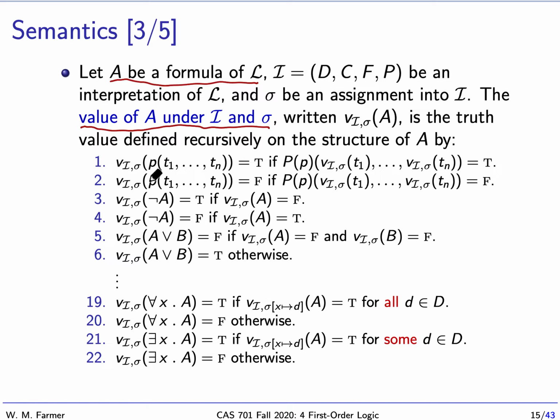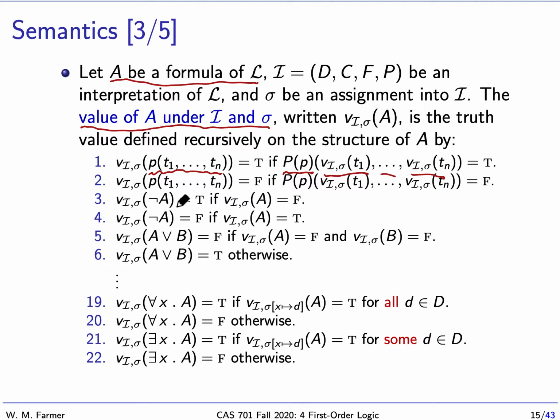So for instance, if we have a predicate symbol applied to a set of terms, then the value of that will be true if the interpretation of the predicate symbol applied to the values of all the terms equals true. Otherwise, we assign that predicate application the value false if the value assigned to the predicate applied to the value of all the terms is false.